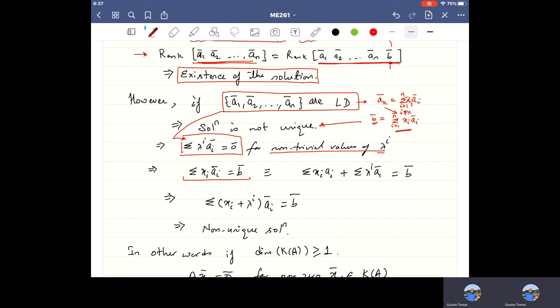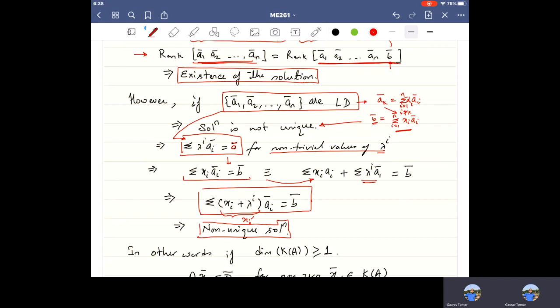Then, because it's a zero vector, we can add it to this equation, and you'll get a new equation: the summation of (xi plus lambda I) Ai is equal to the b vector. And because lambda I can take non-trivial values, this will also be a new, different solution, xi prime, which brings you to the conclusion that there are non-unique solutions, there are infinite solutions.